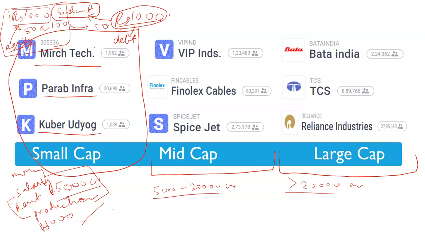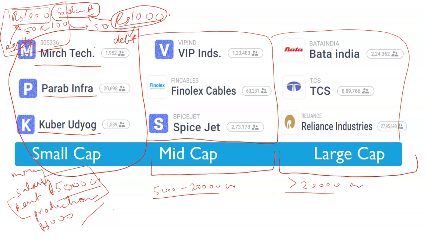In a similar fashion, these large companies also have to get money to do the business. In a similar way, these are the mid-cap companies, these are the large-cap companies which need money to run the business. Here in this example, we have 1952 shareholders in this Mirch Tech company, and 20,698 shareholders in this Parab Infra company.